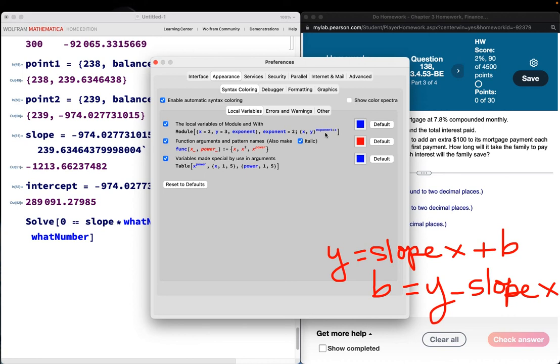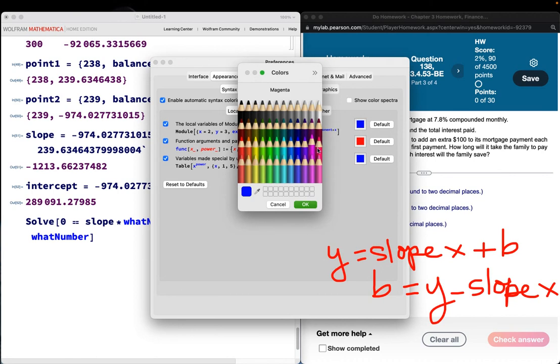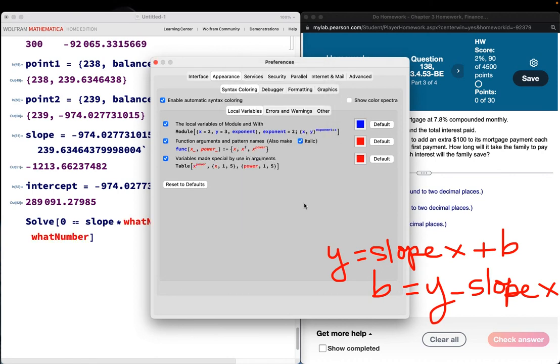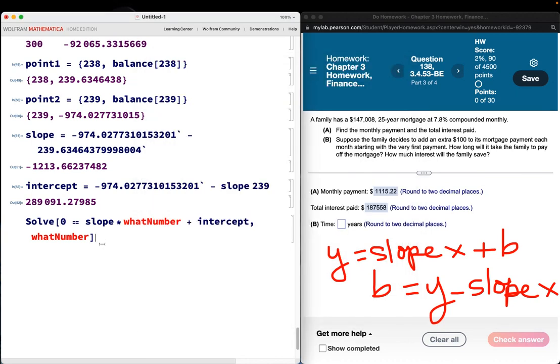Local variables, table, we can make this red. There we go. Now it's red, so you can really see it.